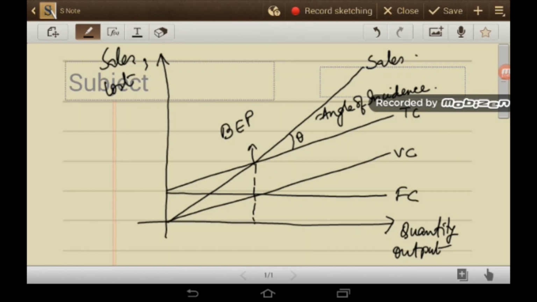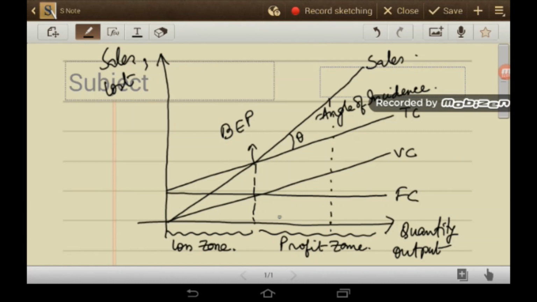The left side of this BEP level is the loss zone, and to the right of this BEP line is the profit zone. At any sales level, the difference between the sales and the break-even sales is denoted by MOS or margin of safety.